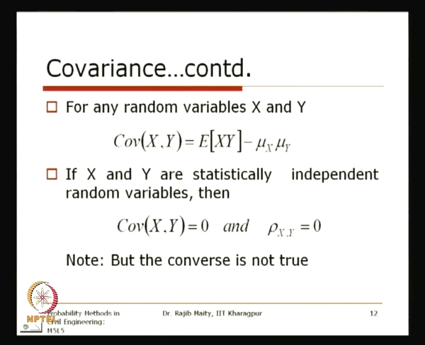From that we end up with the condition that if they are independent, then the covariance will be 0. But if I show that their covariance is 0, we cannot say the reverse is true, that they are independent. We will also show this in a pictorial view after a few slides.